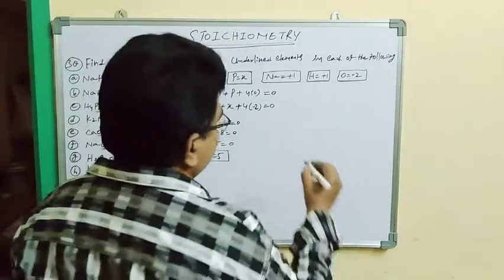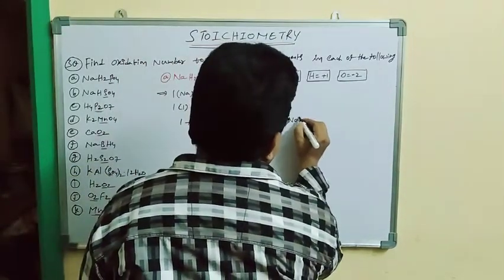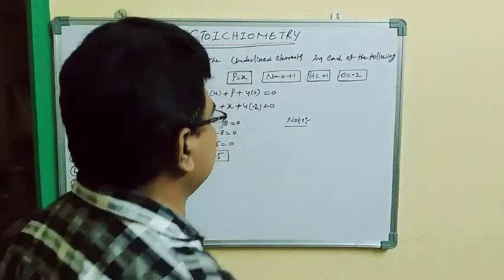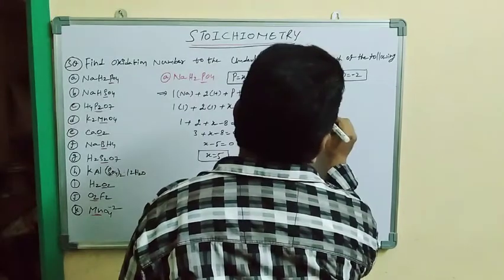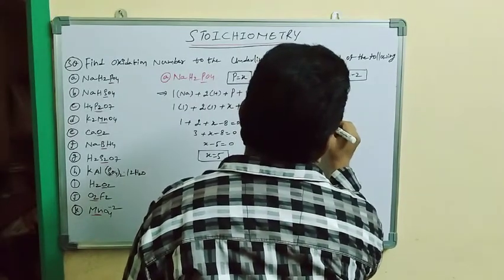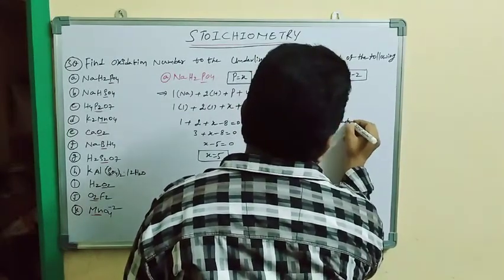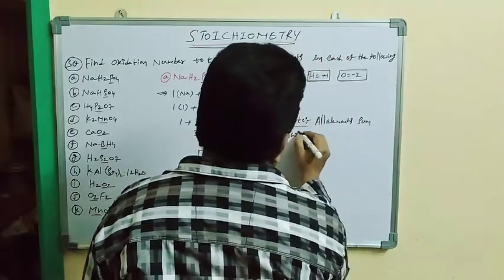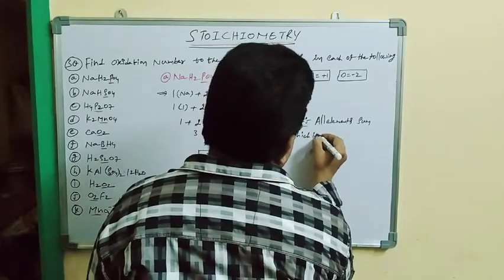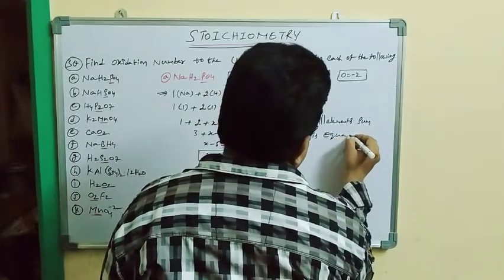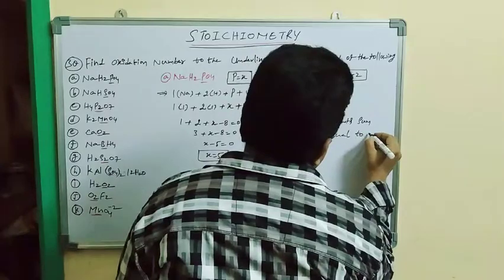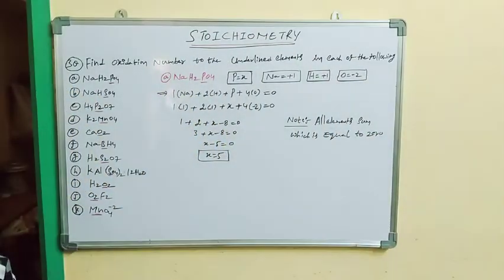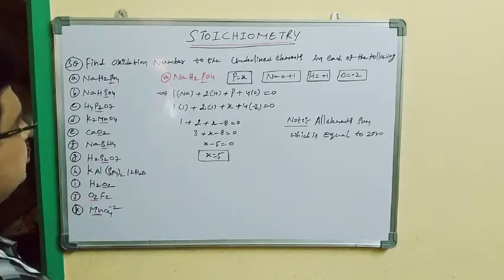Here note, I am writing: for a compound, the sum of all elements is equal to 0.